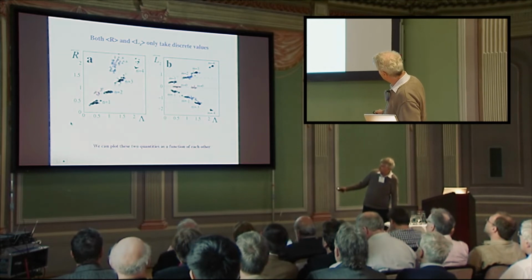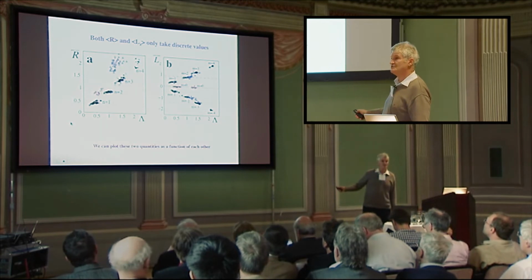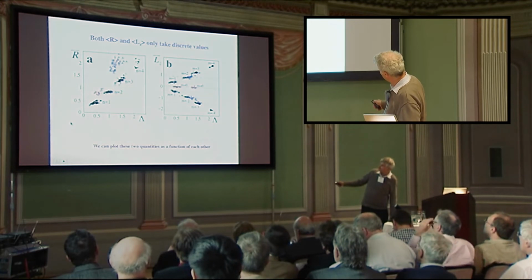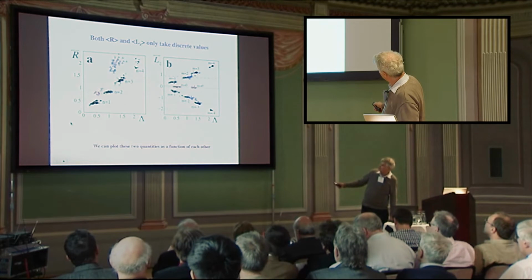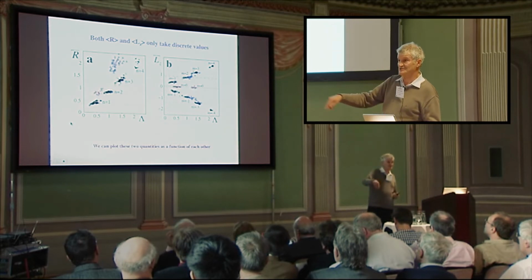As you see, the mean radius is discrete also for the lemniscates and the trefoils. And as it happens, the lemniscates are lined up with the second circular orbit or with the fourth one. And as you see also, of course, the lemniscates have a zero angular momentum since it's rotating in one direction and then the other.